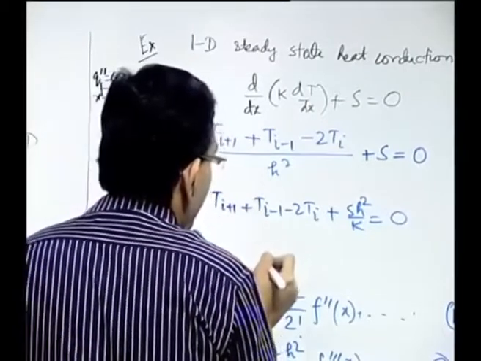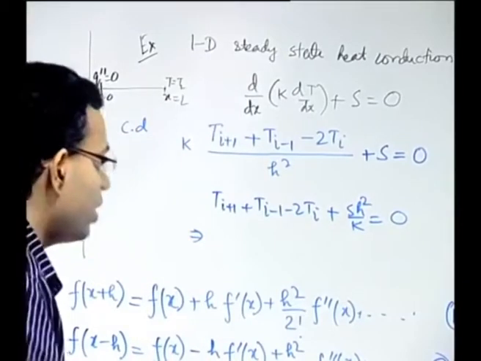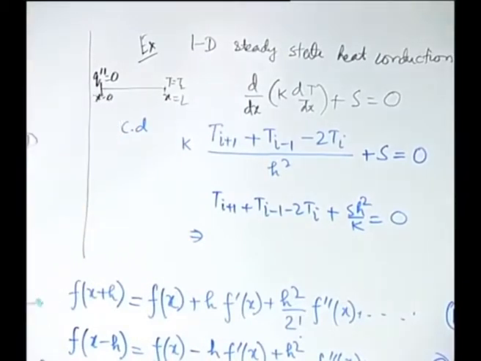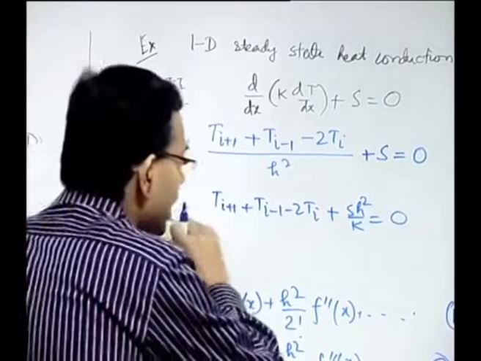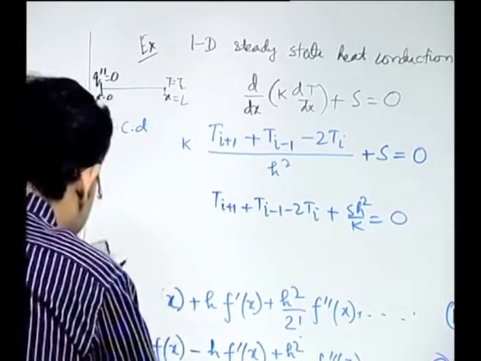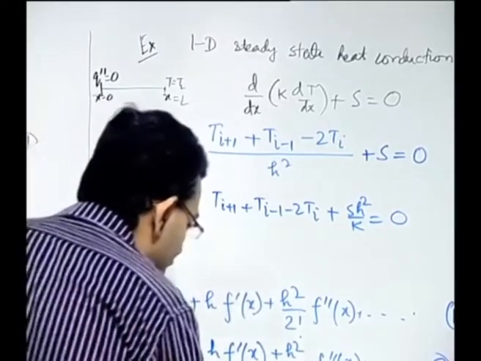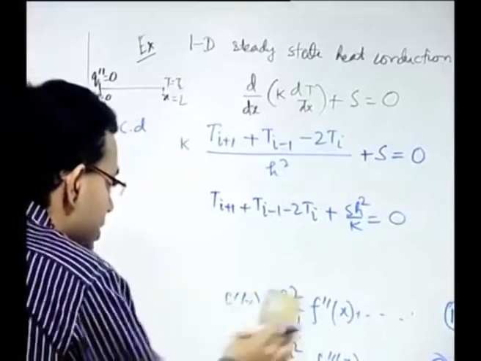So, you have an algebraic equation involving T(i plus 1) and T(i minus 1). Let us consider 3 elements and see how we can assemble it. Again, when we say 3 elements in finite difference, there is nothing called an element, so it is just for our own perception.